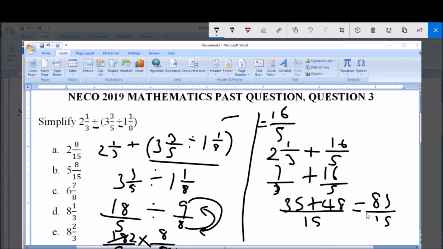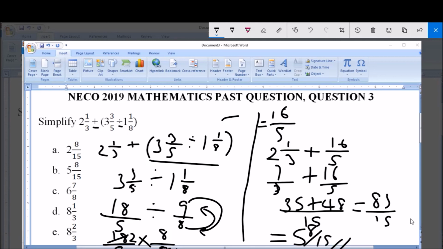By doing that, 83 divided by 15 will give us 5 whole number 8 over 15.